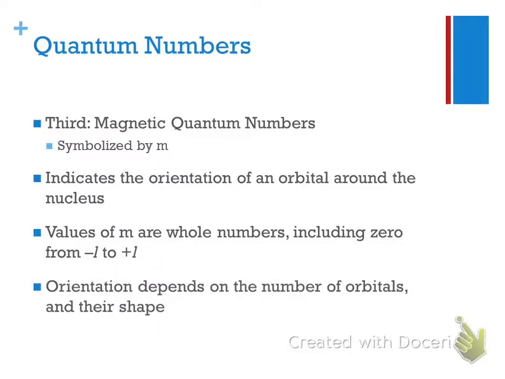The orientation of these orbitals depends on their shape and on the number of them. They have to be spaced evenly around the nucleus, so there's a very specific way that they have to fit together. That's why we use these M values.